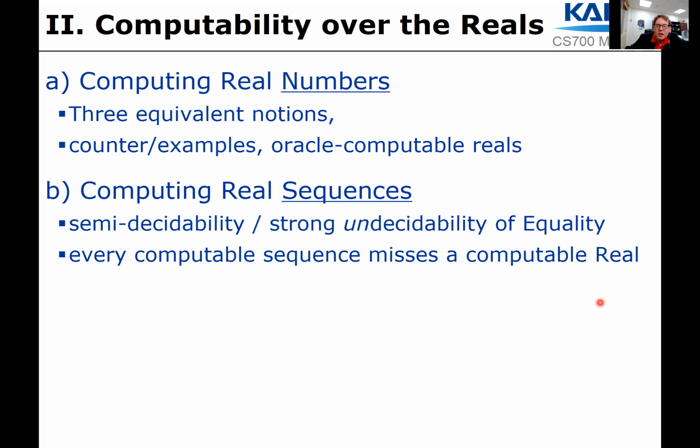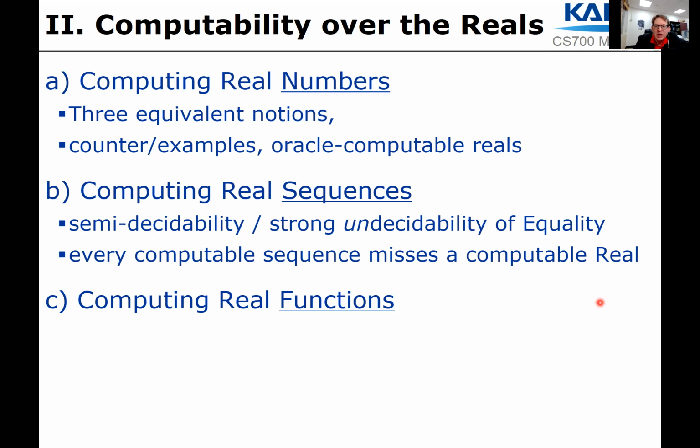And we also proved that although the set of computable real numbers is countable, it cannot be captured by a computable sequence, which also encompasses a countable number of real numbers. Every computable sequence must necessarily miss at least one computable real.